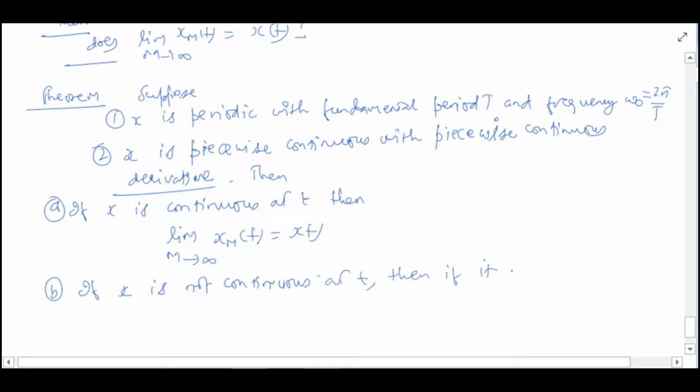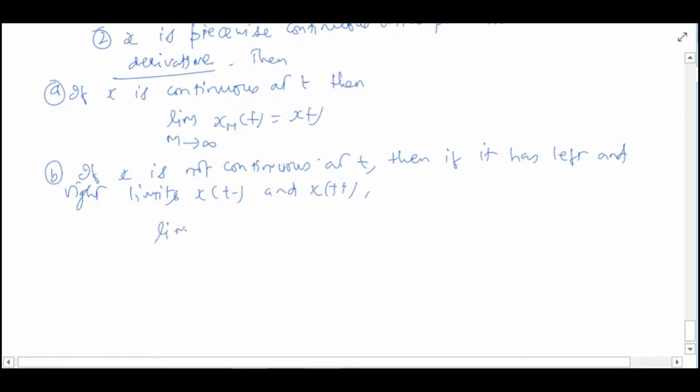If it has left and right limits, x(t minus) and x(t plus), then as m tends to infinity the sequence x_m(t) still converges, but it converges to the mean value of the left and right limits, x(t minus) plus x(t plus) over 2. Okay, so let's see a couple of examples.